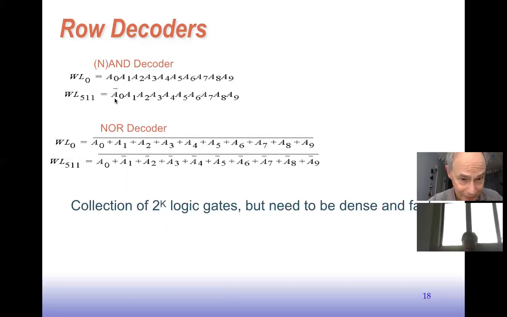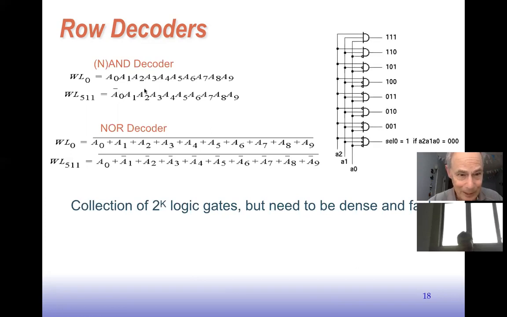511 here. We're missing, there should be a bar over all these. Sorry about that. Now, it kind of looks like this, right? There's effectively an AND function for each of the rows of the array.